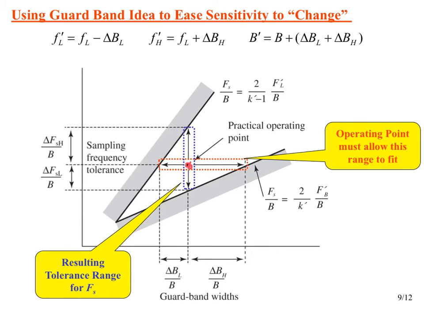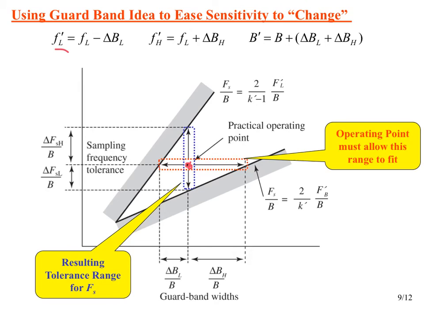So we can essentially think about this as using a guard band. So we have our actual spectrum that goes from some specified Fl to some specified Fh, and then to add a little bit of tolerance, we think about putting a guard band in.